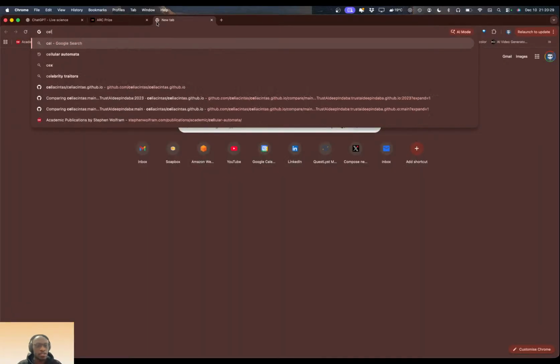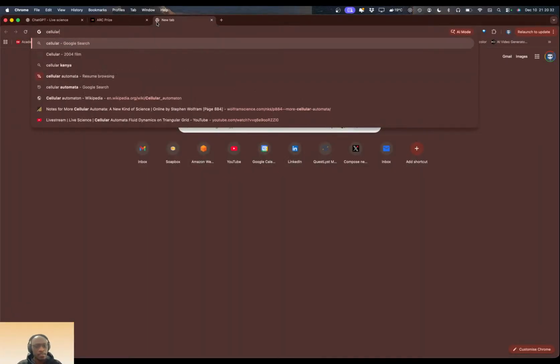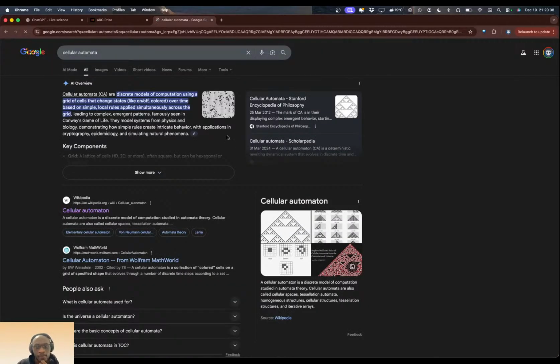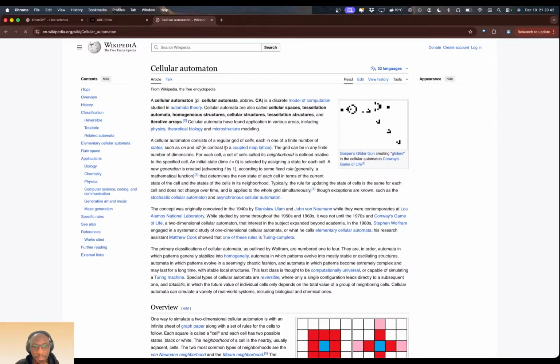Cellular automata is a famous computer program that uses rules, usually simple rules, not complex ones.